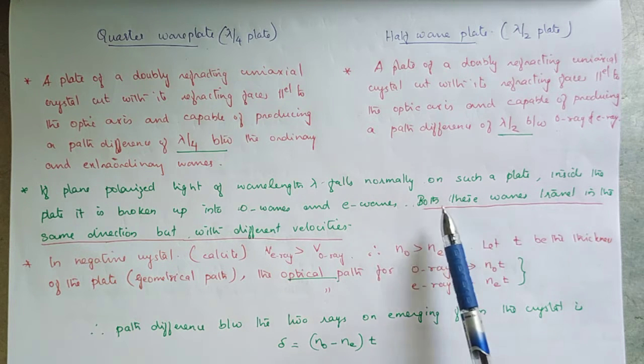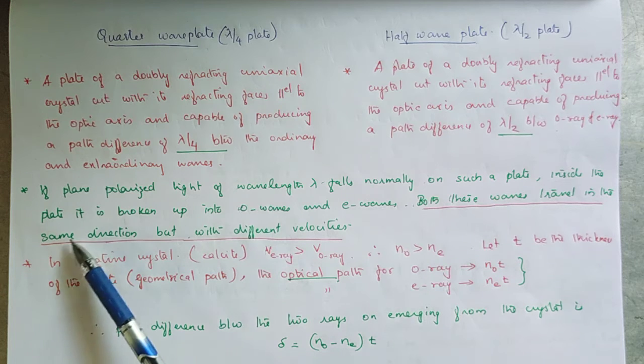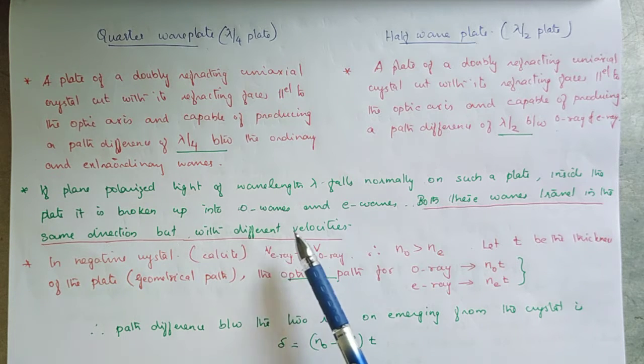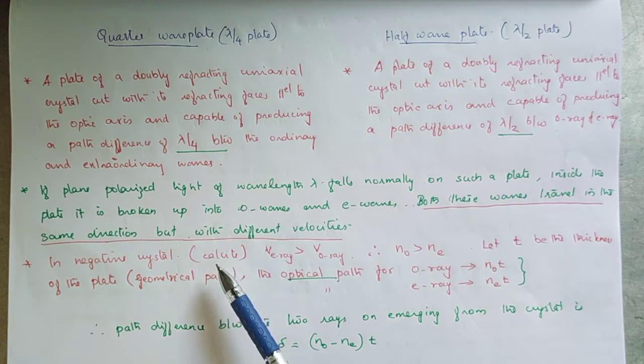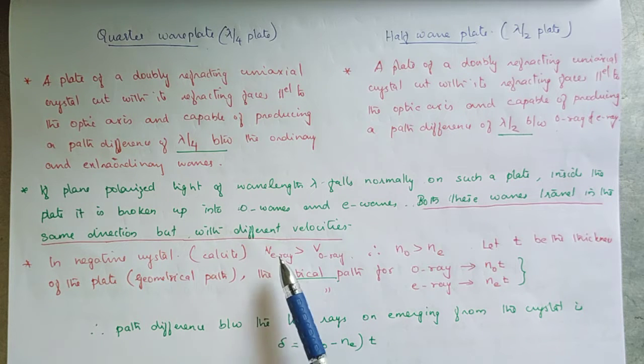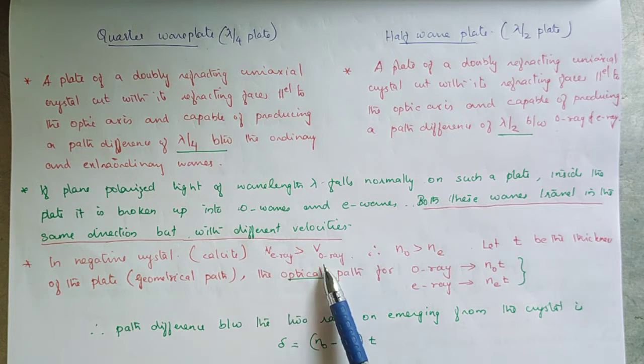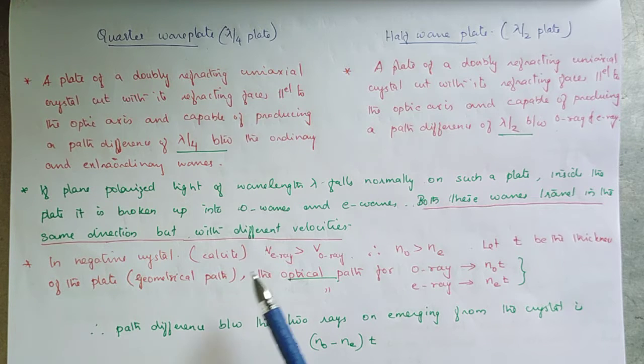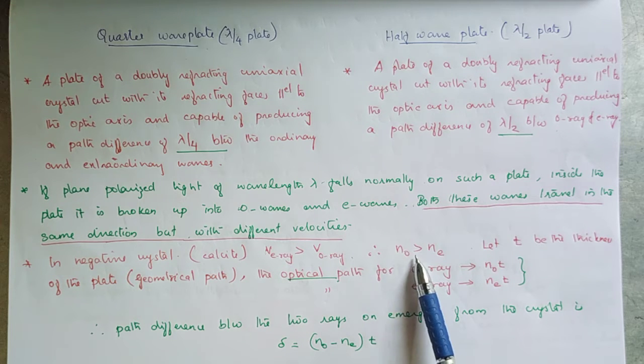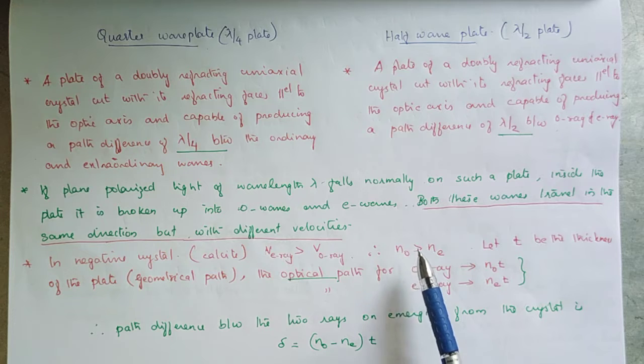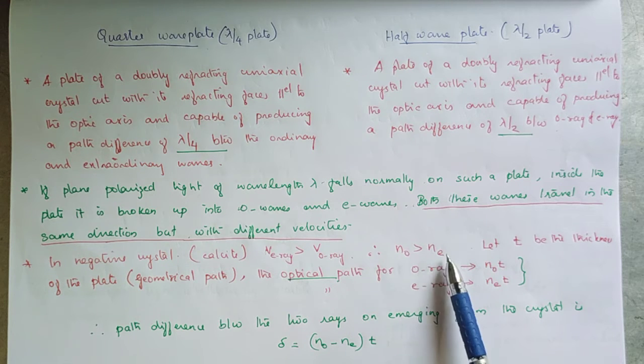If we take negative crystals, that is calcite crystals, the velocity of the extraordinary ray is greater than that of the ordinary ray. So it is obvious that the refractive index for the ordinary ray is greater than for the extraordinary ray.